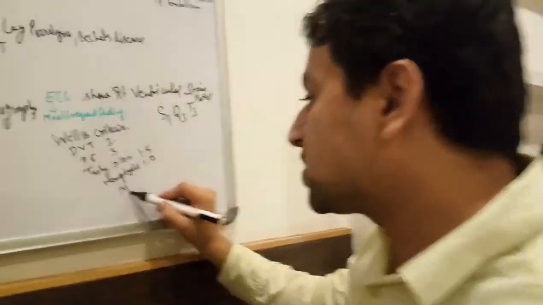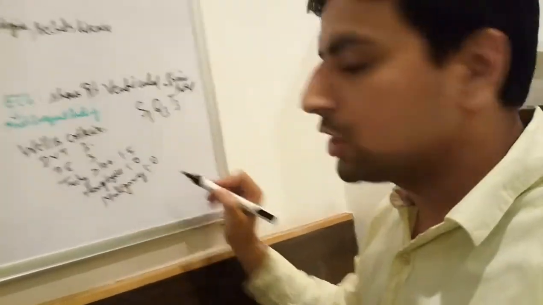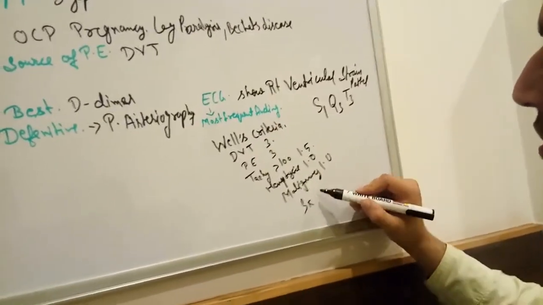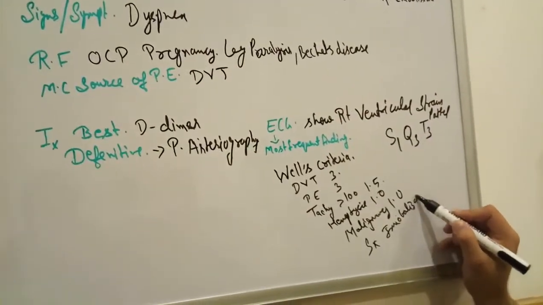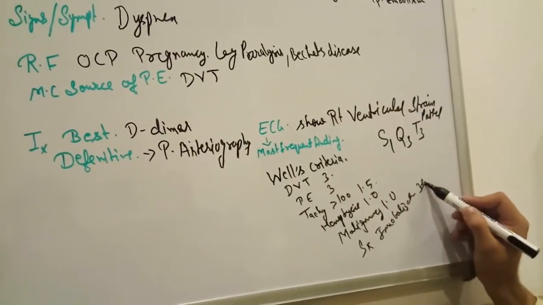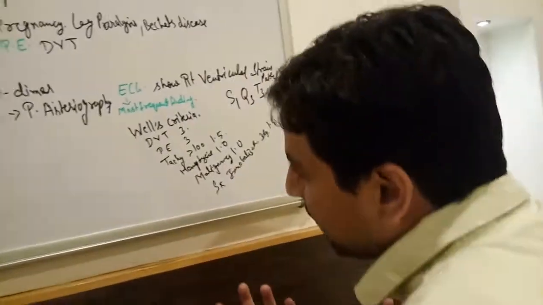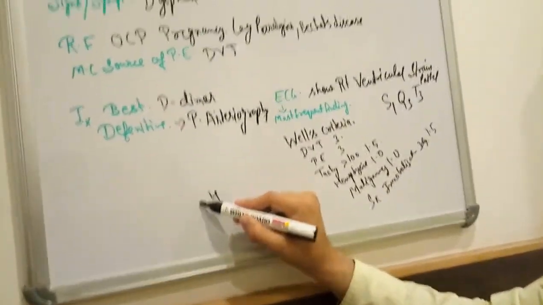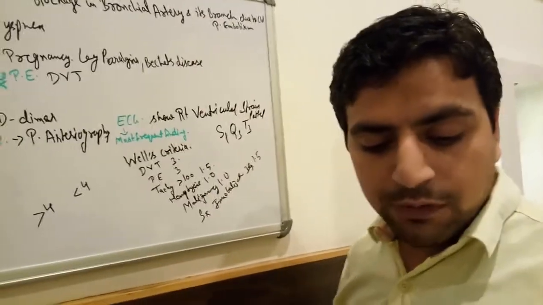And if the patient has malignancy, it is 1.0. So it's 1, my dear friends. If the patient has surgery or immobilization for 3 days, it takes 1.5. This includes the Wells criteria. And how to use Wells criteria? It's a most logical question. We use more than 4 or less than 4 criteria for Wells classification.